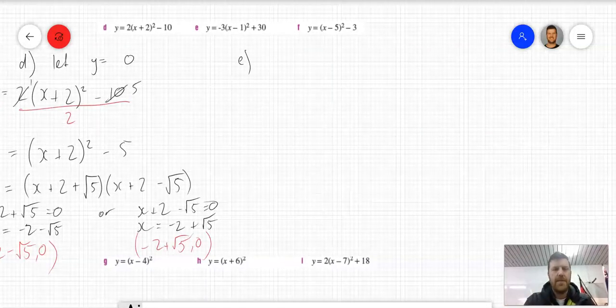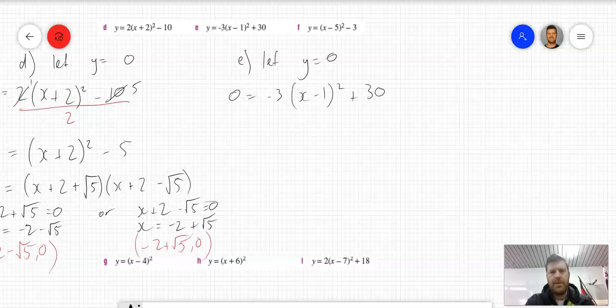So again, for E, let y equal 0. So 0 equals minus 3 take 1 all squared plus 30. Now I'm going to get rid of that minus 3, so I'm going to divide by minus 3 on both sides.